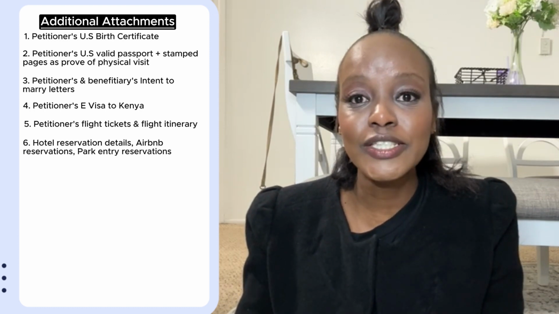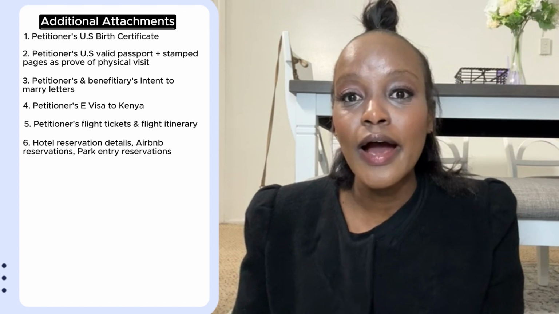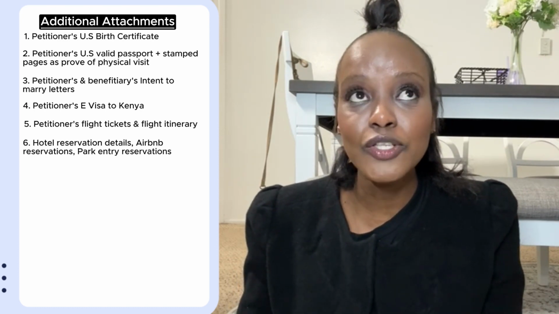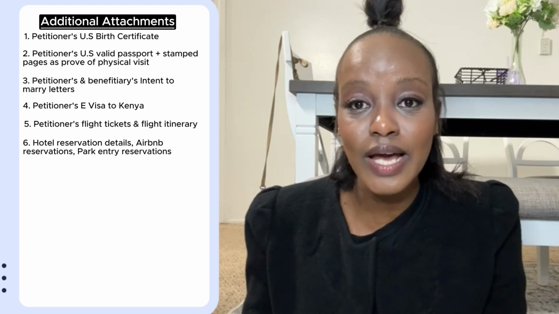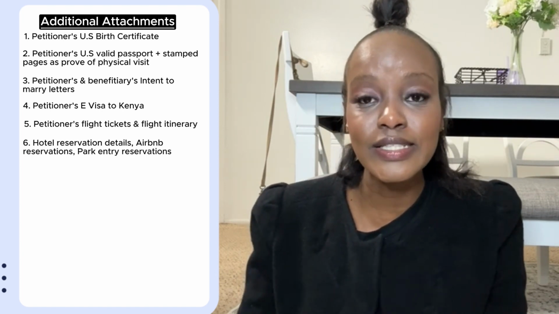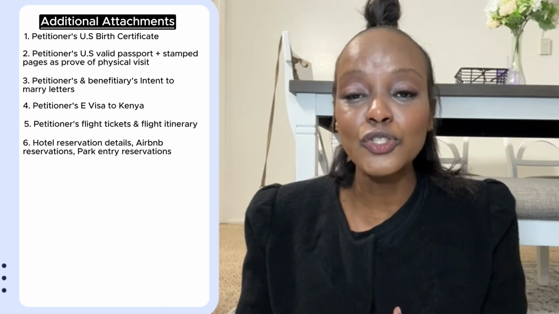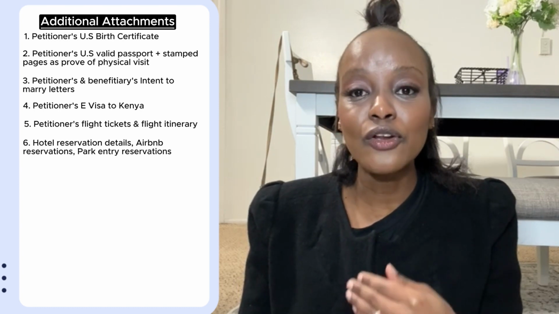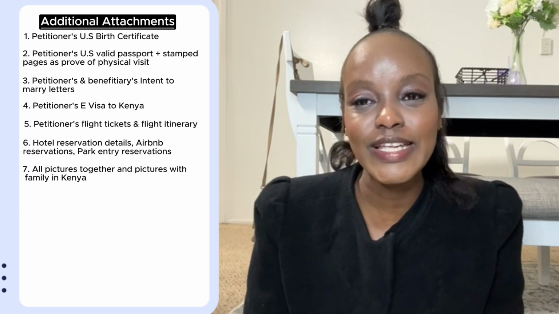Also, we attached park entry invoices and receipts, because when we went to the Masai Mara, we slept in a camp, and usually they record the guests' details and names. So anything that showed my name, his name, or both our names, we included, along with pictures taken together, and the pictures that he also took with my family in Kenya.